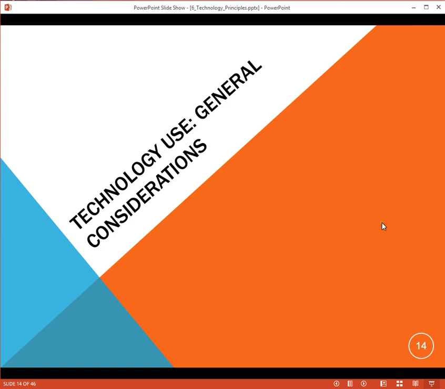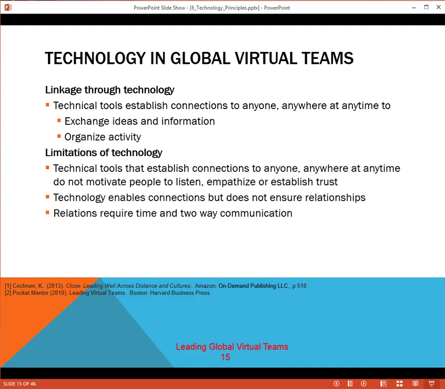So, let's now look at some general considerations for using technology in global virtual teams. The linkage through technology is through the technology tools establishing connections to anyone, anywhere, at any time to exchange ideas and information and to organize the activity.